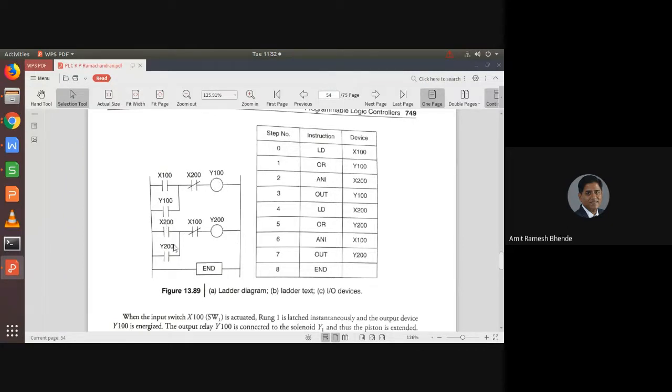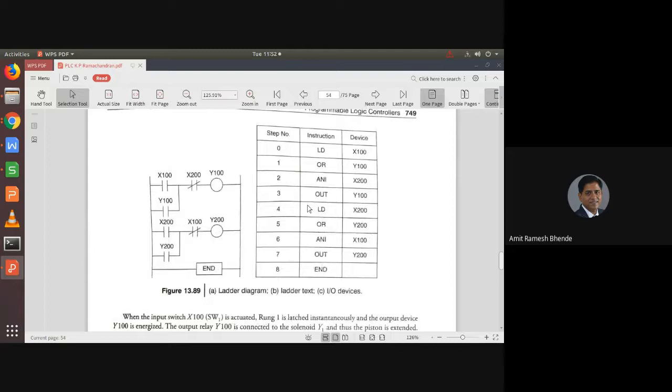Similarly, on the second rung also you will see 3 switches and 1 output device, and last is end. So 4 on the first rung, 4 on the second rung, and end in the last. So total 9 instructions here you can see, and these 9 instructions are written in the sequence in which they are operating.